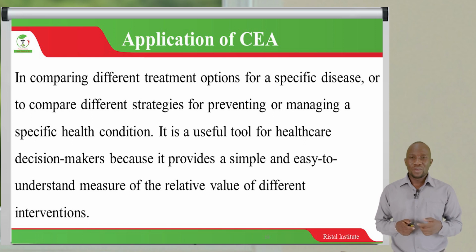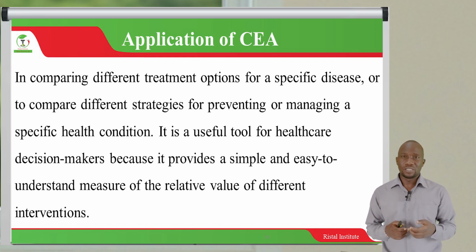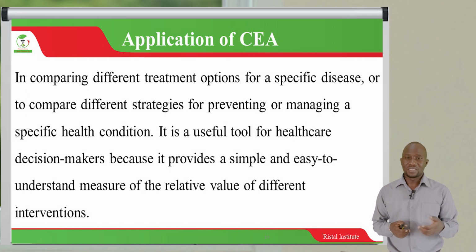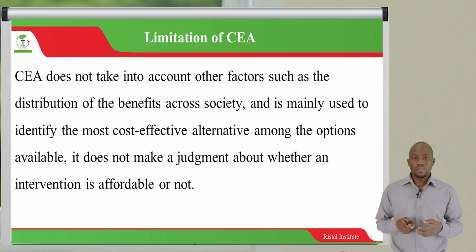So we can use cost effectiveness analysis if we have a disease, a particular condition, and we are comparing the different modalities of treatment or the different ways of preventing that disease. So it helps decision makers to have a value for money tool that can determine the value for the different interventions.